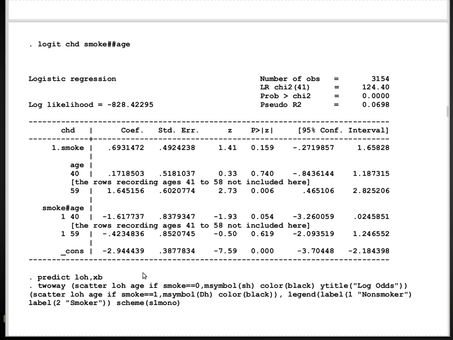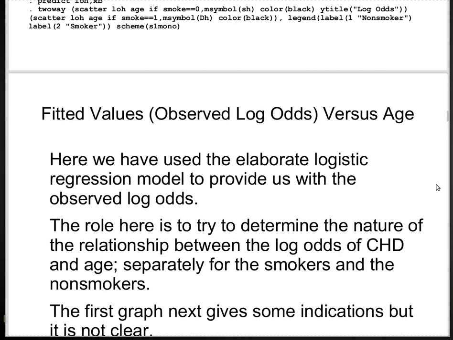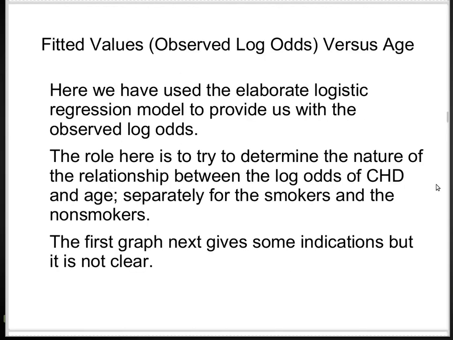Now let's consider a plot of the fitted values that we would get from such a model, fit on the log odds scale. The fitted values, here the observed log odds versus age, okay?